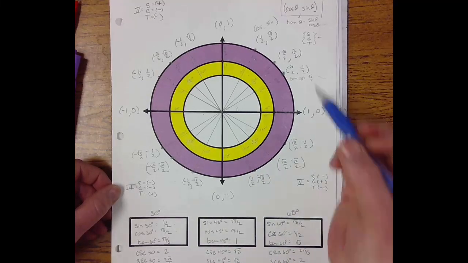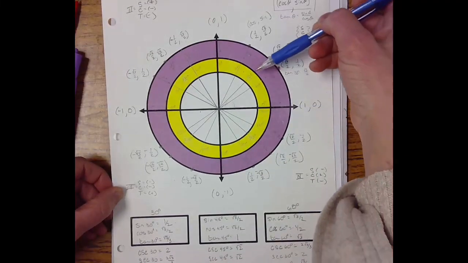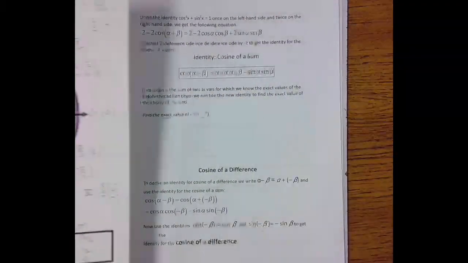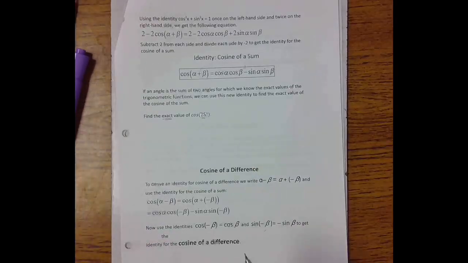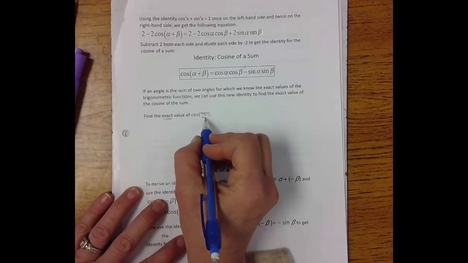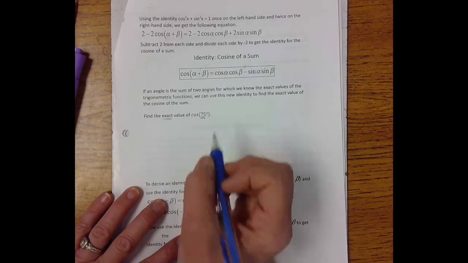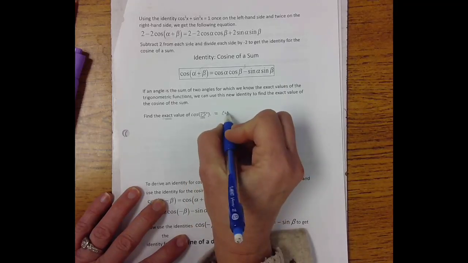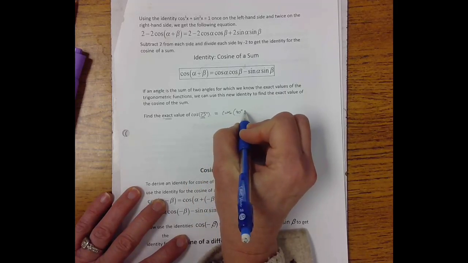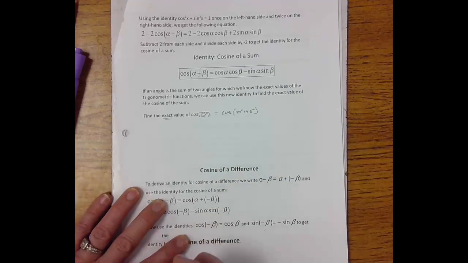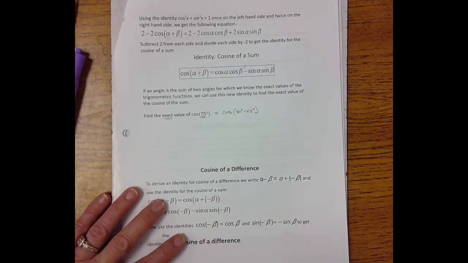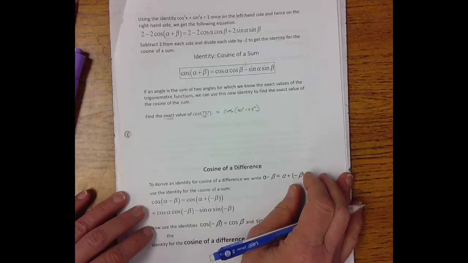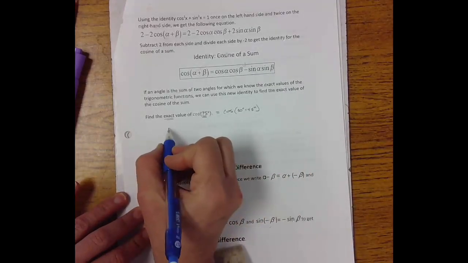We have exact values for 0, 30, 45, 60, 90 degrees and so on. So I want to rewrite 75 as the sum of two different angles: the cosine of 75 is the same as the cosine of 30 degrees plus 45 degrees. Then I can find the exact value without going to my calculator for the decimal equivalent.